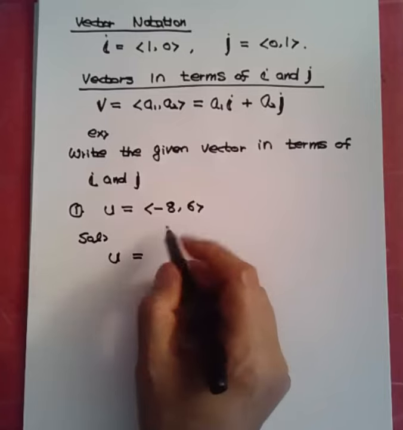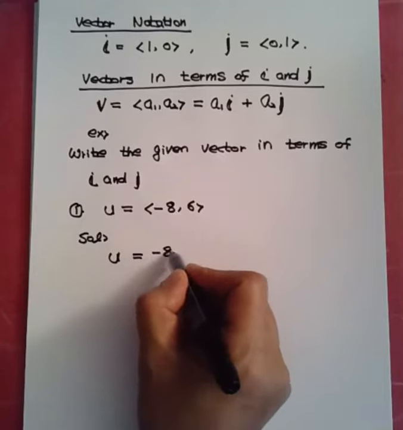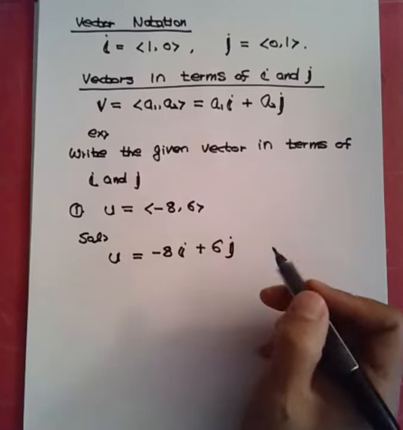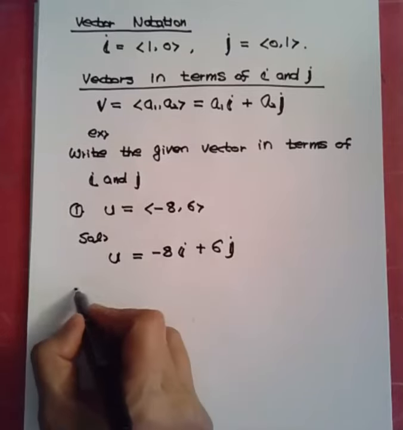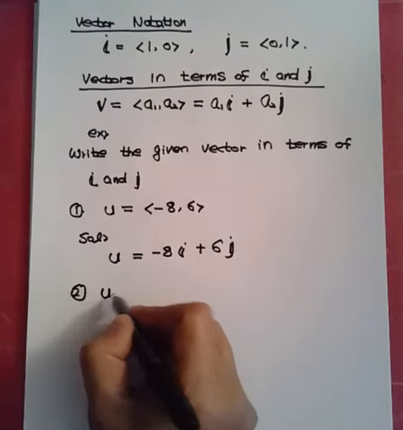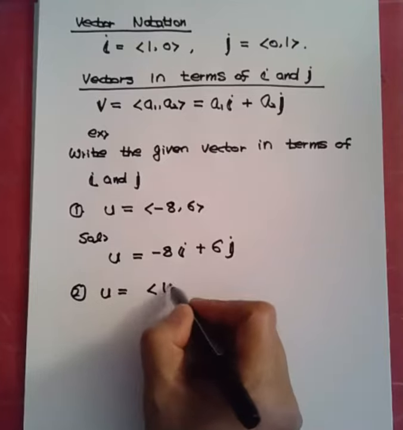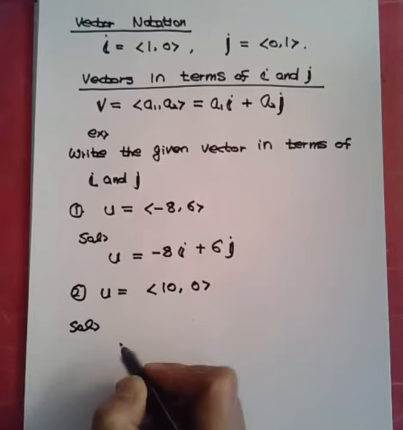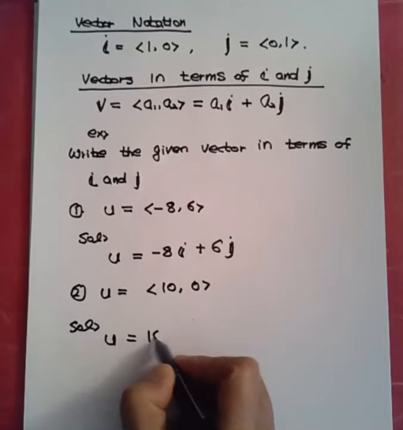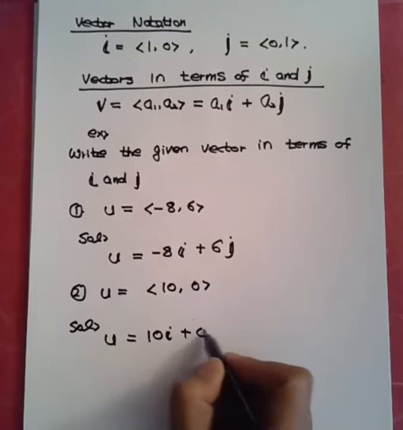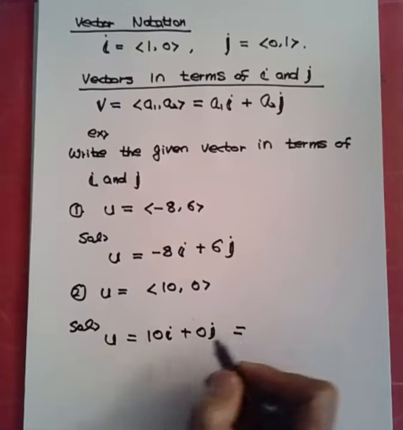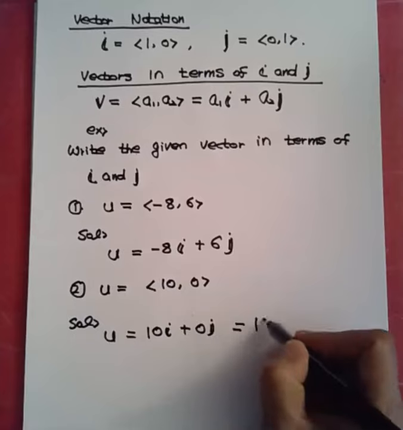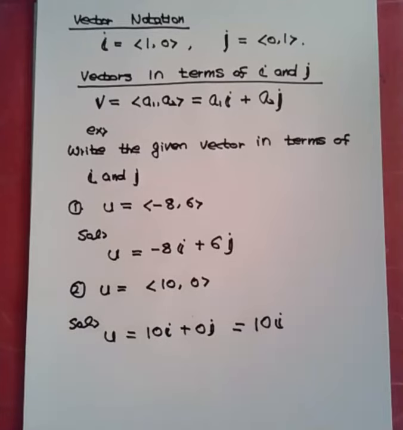Then the horizontal component is minus 8, so minus 8i plus vertical component 6 times j. If we have a vector u which is denoted as 10 and 0 in component form, u can be written as 10i plus 0j, but 0 times j is just 0, so we can just write down 10i.